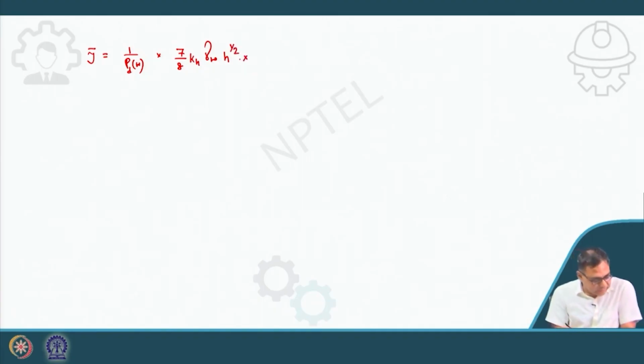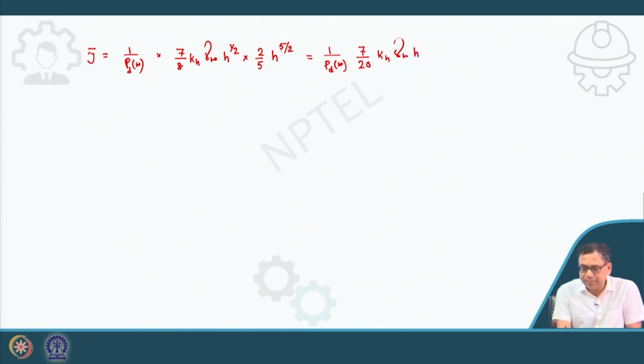Now, if I do the integration, then y bar will be equal to 1 by P d w, then this will be 7 by 8 kh gamma w h to the power half. Then if I integrate that, this will be 2 by 5 into h to the power 5 by 2. If I integrate and put the limit, this will be equal to 1 by P d w into 7 by 20 kh gamma w h to the power half plus 5 by 2.